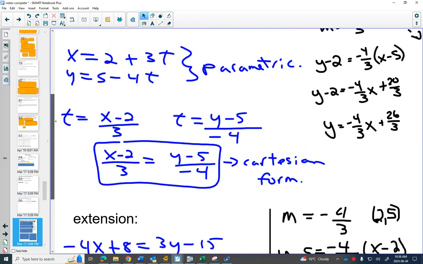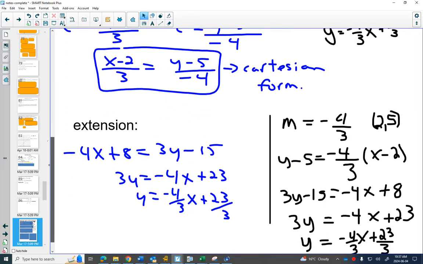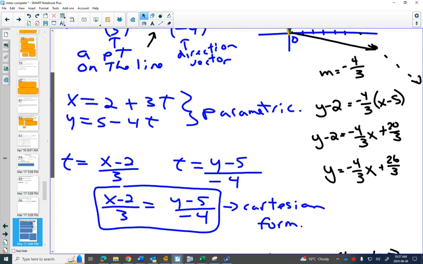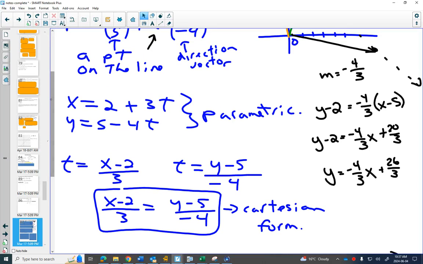Oh, I put the coordinates in the wrong spot, right? This should be y minus 5 equals m times x minus 2. Oh my goodness. What a rookie mistake.